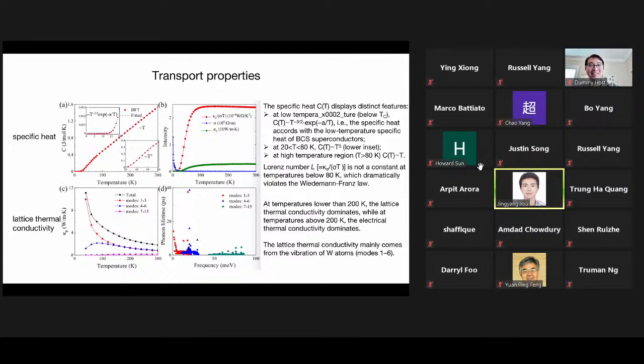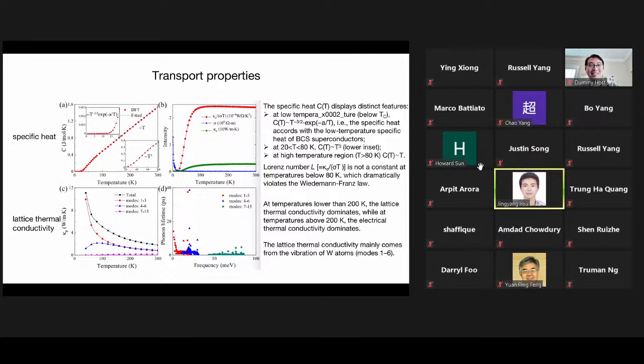From the calculated specific heat, we find that the specific heat displays distinct features. At low temperature, the specific heat satisfies an exponential relation with temperature, which occurs in the low temperature specific heat of BCS superconductors. And at temperatures between 20 and 80 Kelvin, the specific heat follows the third power of temperature. And in the high temperature region above 80 Kelvin, the specific heat is proportional to the temperature.